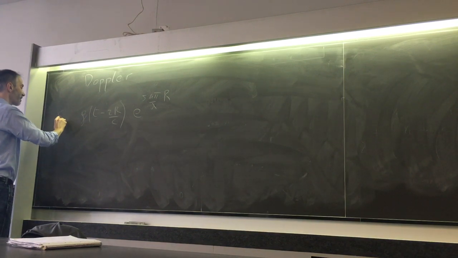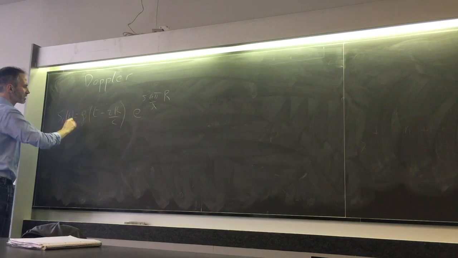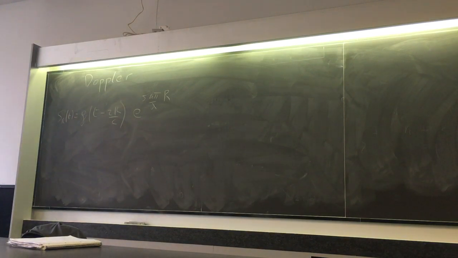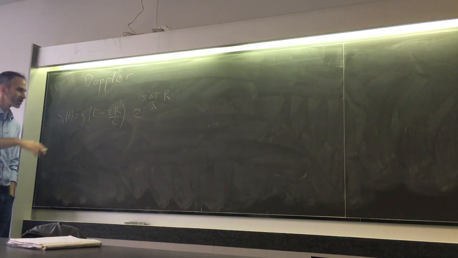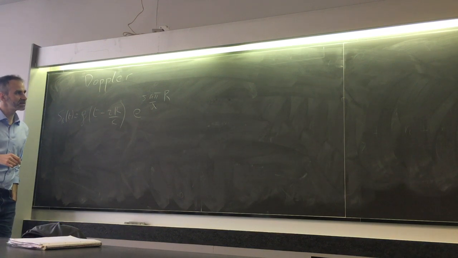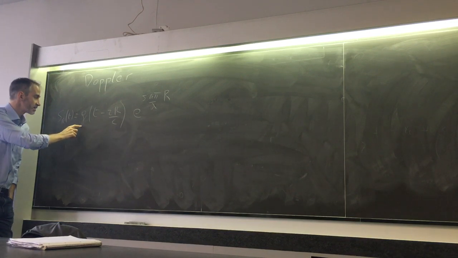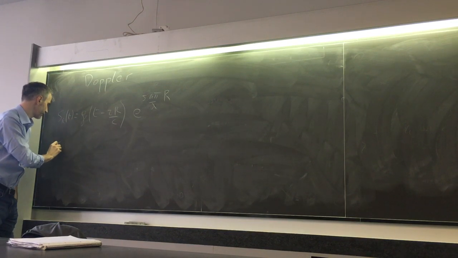This is without the amplitude factor, because I am not interested today in discussing the intensity of the signal, so I just drop this term. And this is after the modulation, but before matched filtering. So G is the transmitted pulse.